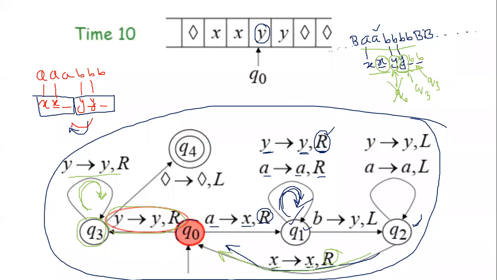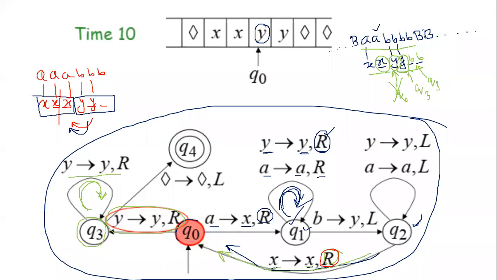And suddenly I will start going back again. Right? And then what will happen? I will detect the boundary up to which we have already converted. And then I will go towards right once due to this one. And then I will change this third A to X.